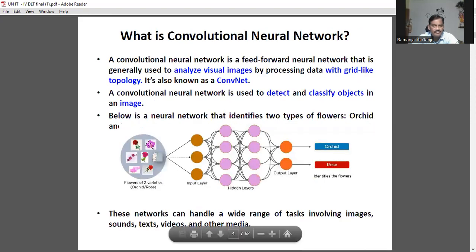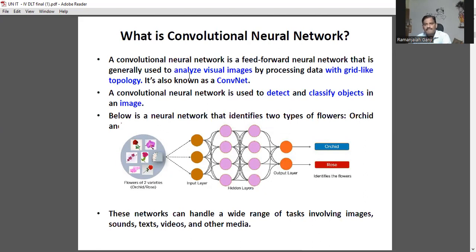See this: these are flowers of two varieties, which produce two categories, and it identifies the flower. That is CNN. Remember, sometimes the question may be asked in the form of discuss CNN, so you have to be perfect with acronyms also. CNN, convolutional neural network; RNN, recurrent neural network; ANN, artificial neural network.